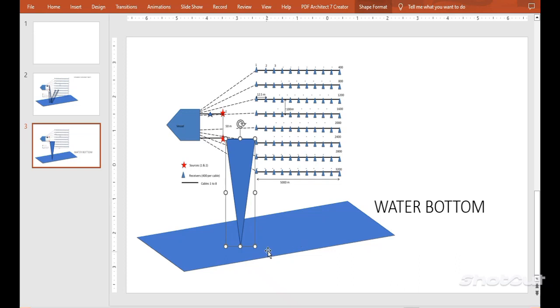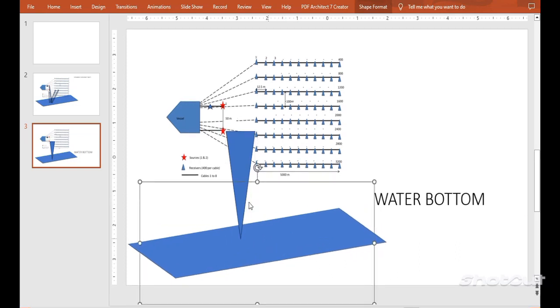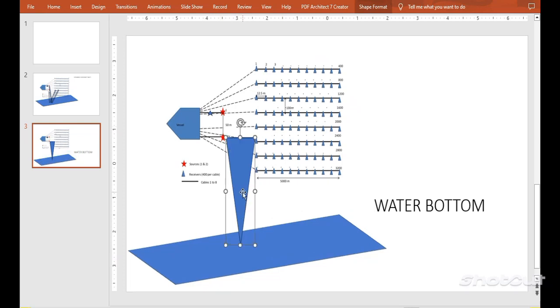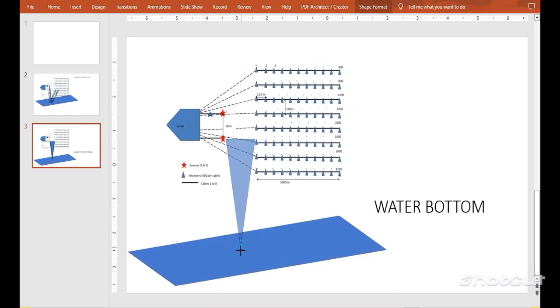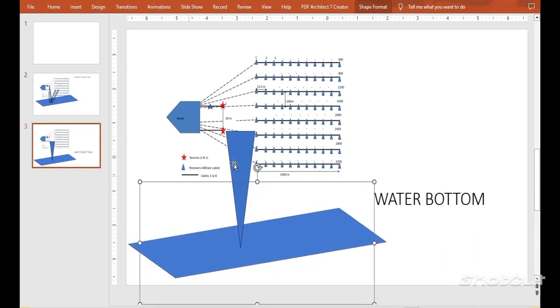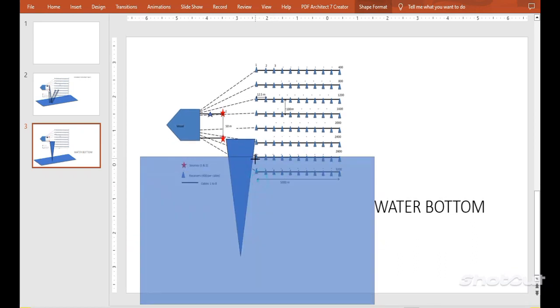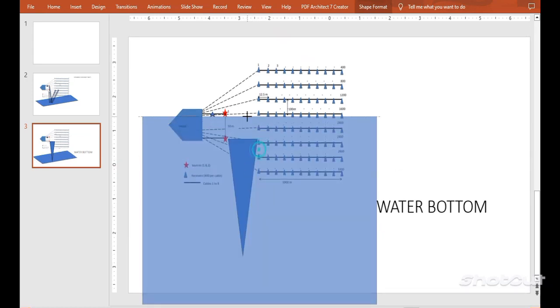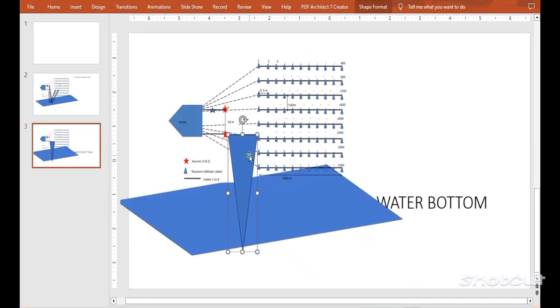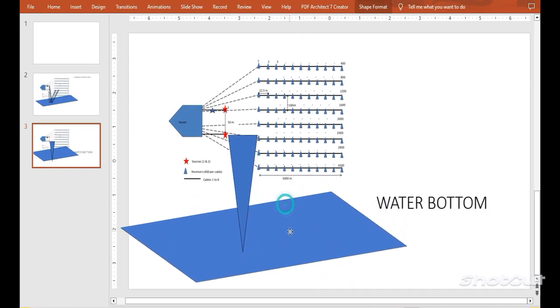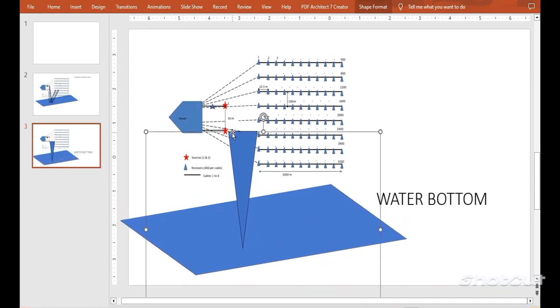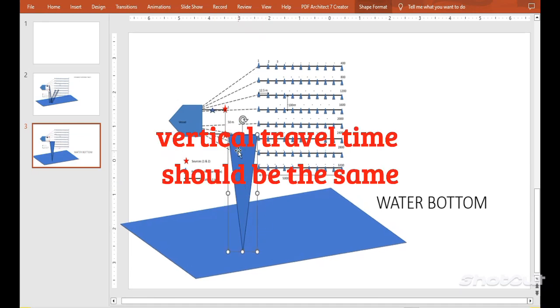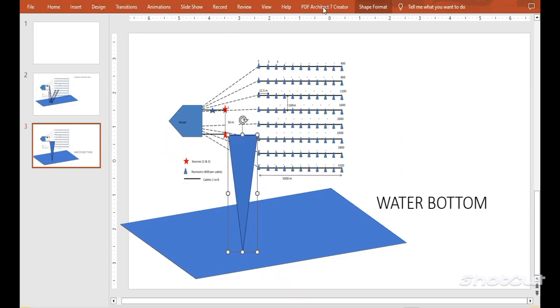Now the distance from the shot to the water bottom will be the same, assuming that there is no undulation in this area we are looking at. It follows that this reflection point should be similar, and the travel time to the water bottom should be the same with this new shot position. I hope you understand that.